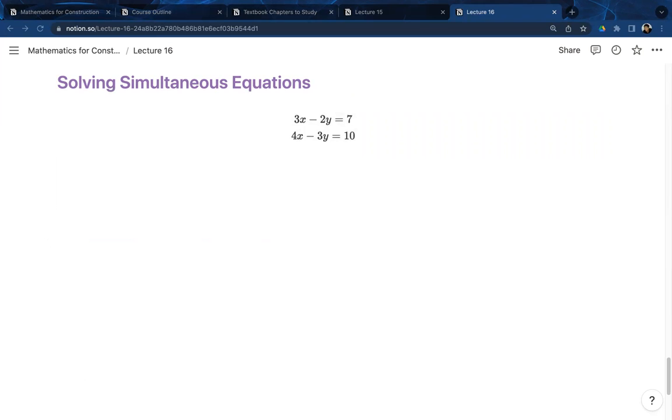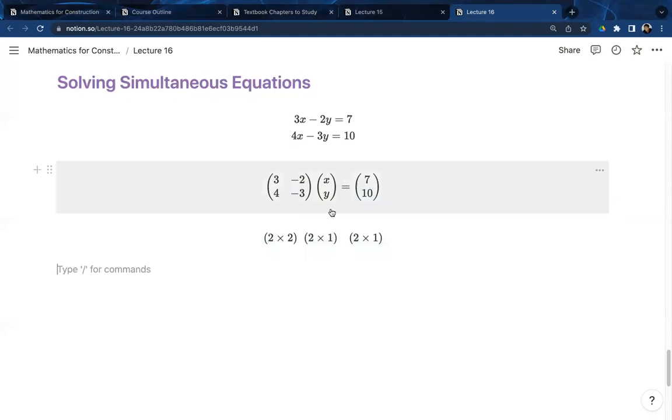Turns out you could do that. The matrix form of this algebra is this. If you multiply this matrix 3, minus 2, 4, minus 3 by this column matrix xy, you'll get 3x minus 2y, and that is equal to 7.